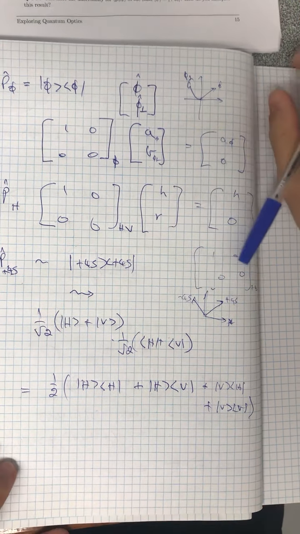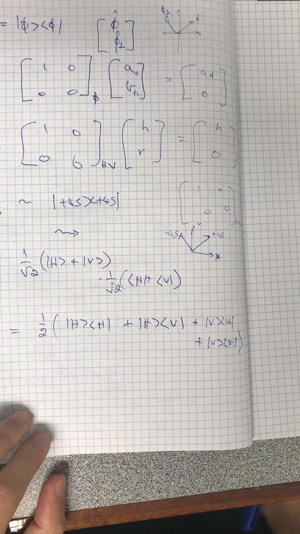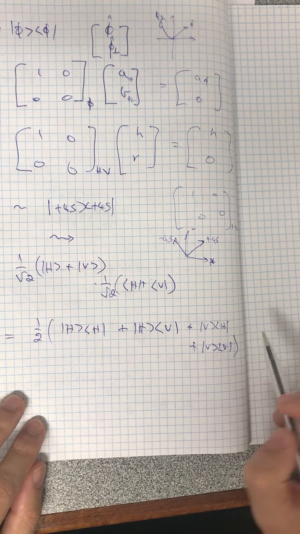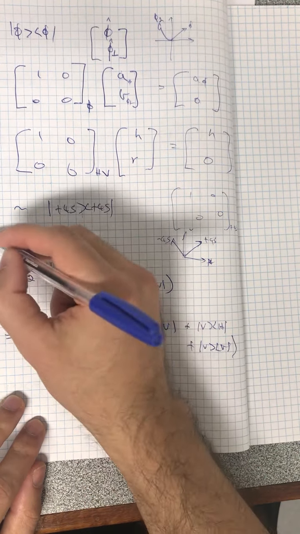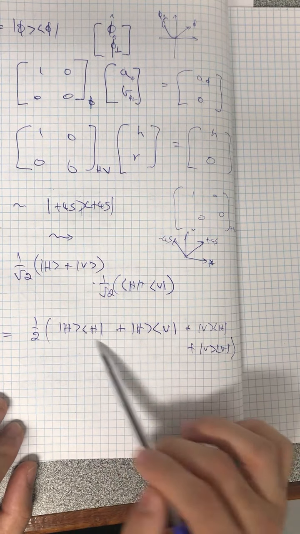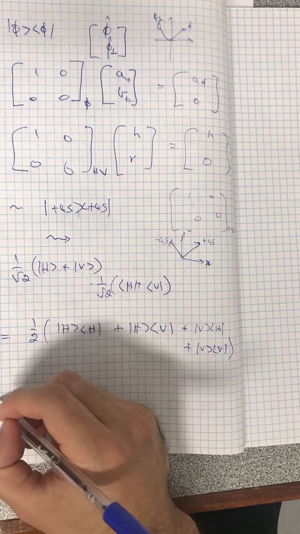Okay. So, how do I write this in matrix form? So this is the same projection operator, but in the HV basis, right? I've converted that. It's kind of easy to do with kets and bras, so that's useful. But now let's write this as a matrix.